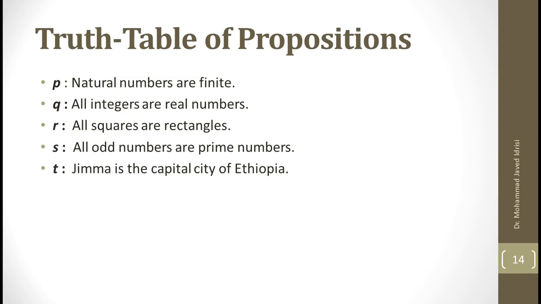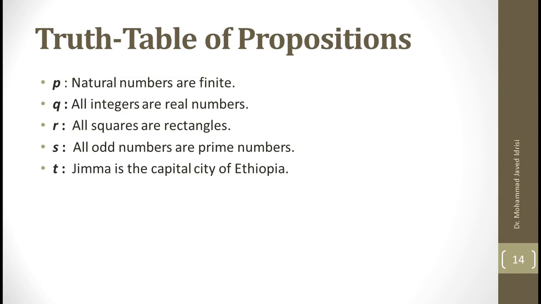As we can see here, the proposition P is false because natural numbers are infinite. Proposition Q is true, all integers are real numbers. Proposition R is also true, all squares are rectangles. Proposition S is also false, all odd numbers are prime numbers.